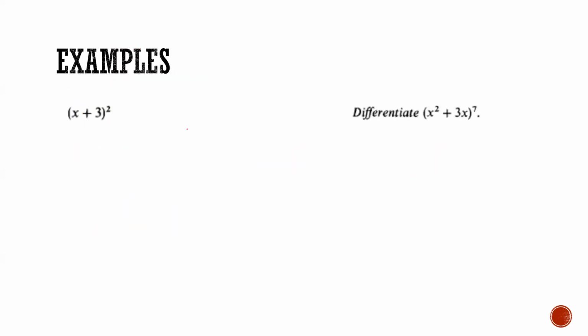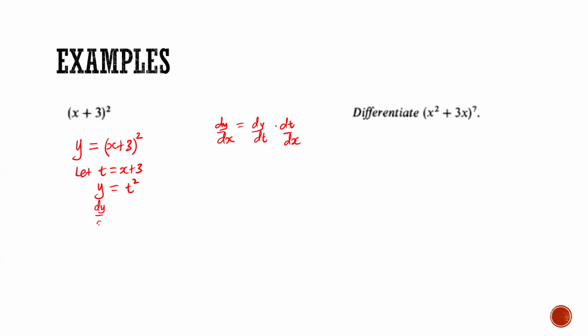So if you look at the examples we had initially, you'll see that we had y is equal to (x plus 3) squared. Now if we let t be x plus 3, we could write this as y is t squared. Now remember we want dy/dx, and from the chain rule we saw that dy/dx is equal to dy/dt times dt/dx. So from this equation here we can get dy/dt.